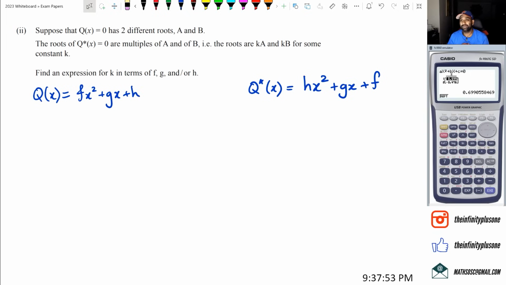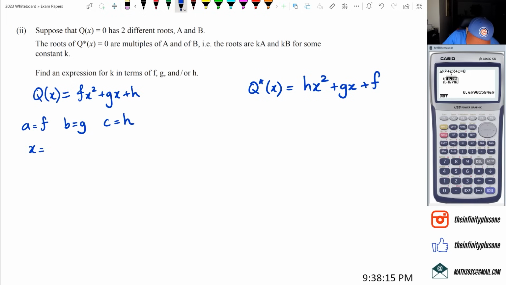Well, the only thing that we can logically do in this step is to actually use the quadratic formula. So that's what I'm going to do first, because I'm going to work out what these a and b potentially could be. So let's use the quadratic formula here. So a is equal to f, b is equal to g, and c is equal to h.